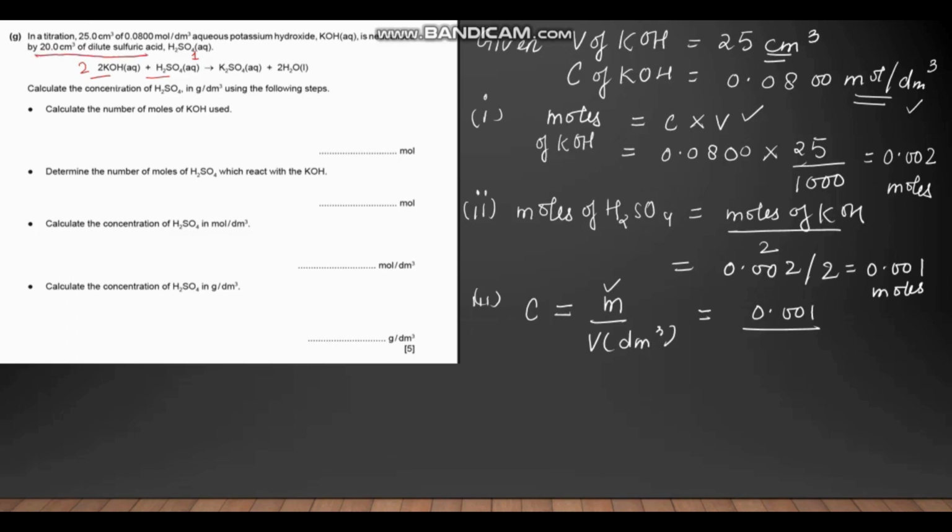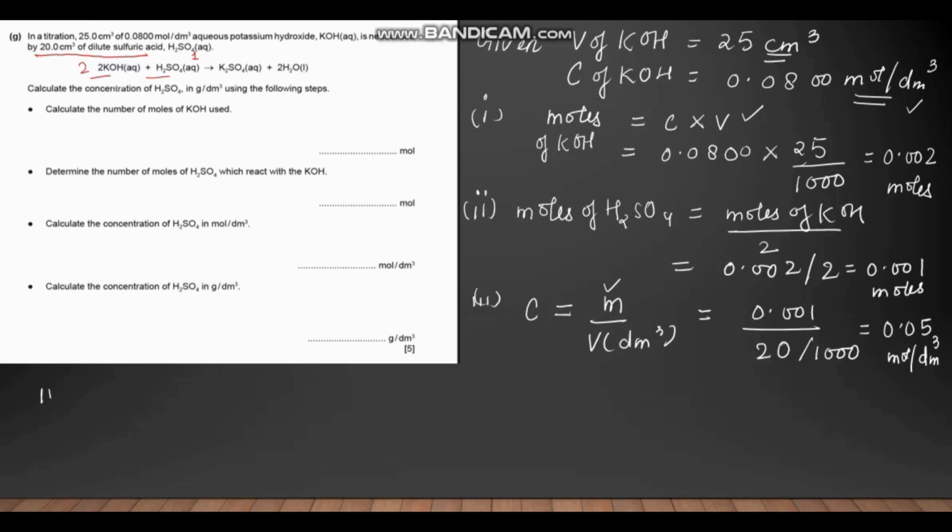So we will be using this 20 centimeter cube. As it is in centimeter cube, we have to divide it by 1000 to change it into decimeter cube. Solving this, I will get the answer 0.05 moles per decimeter cube as the concentration of H2SO4.